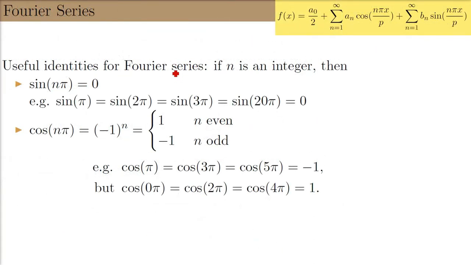So before we go to the actual example, there are useful identities which we will use. Sin n pi is 0. Sine of 1 pi, 2 pi, 3 pi, 4 pi, 5 pi, 20 pi, 400 pi, it is 0. So whenever you get sin n pi, just put it as 0. When we have cos n pi, that is cos pi, cos 3 pi, cos 5 pi, if it is odd, it is negative 1.